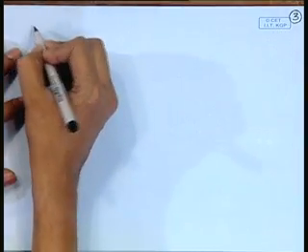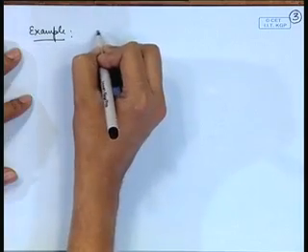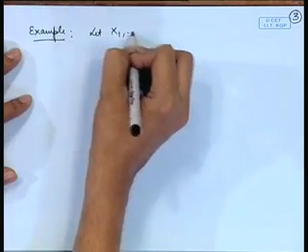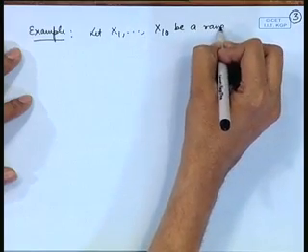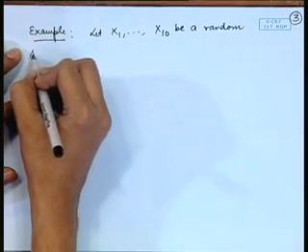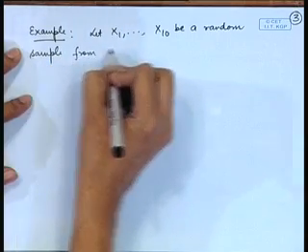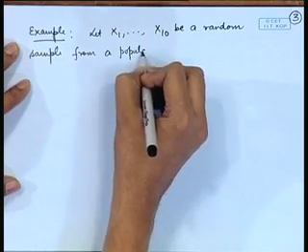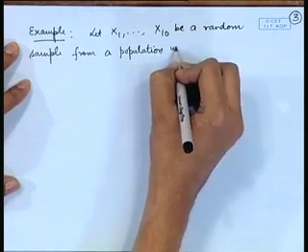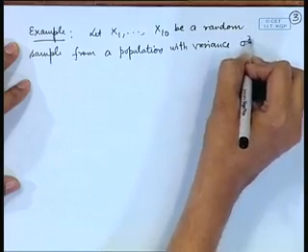Let us consider, let x1, x2, up to x10 be a random sample from a population with variance sigma square.